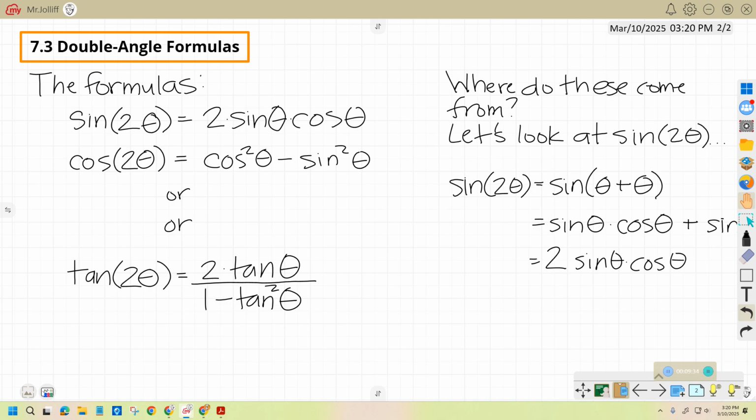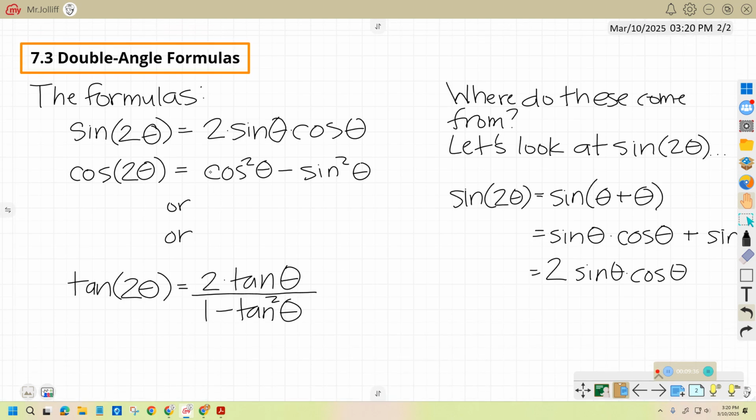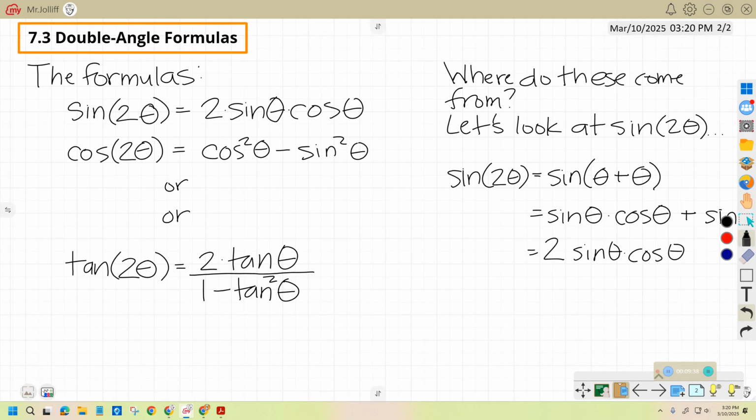So if we replace the cos, we end up with 1 minus 2 sine squared theta. If I replace the sine instead, I end up with 2 cos squared minus 1.